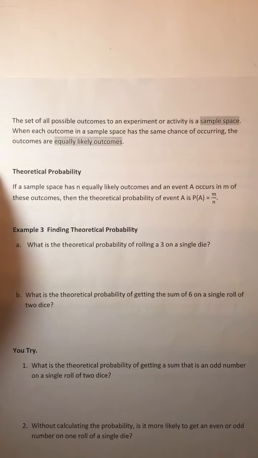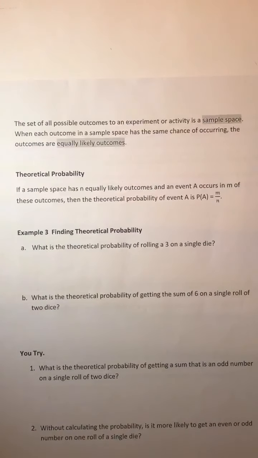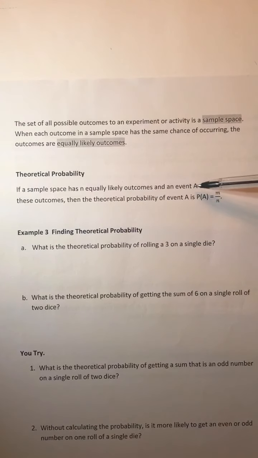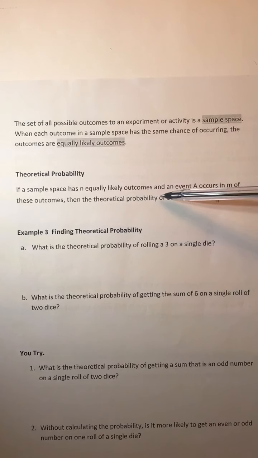All right, theoretical probability. If the sample space has n equally likely outcomes and event A occurs in m of these outcomes, then the theoretical probability of an event is the probability of A is m over n.